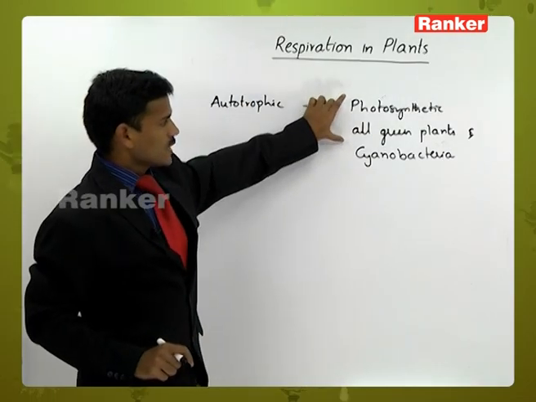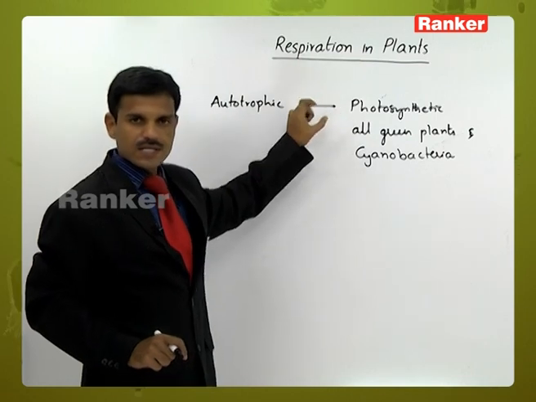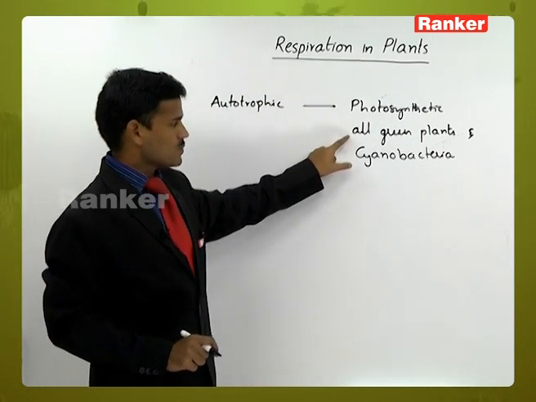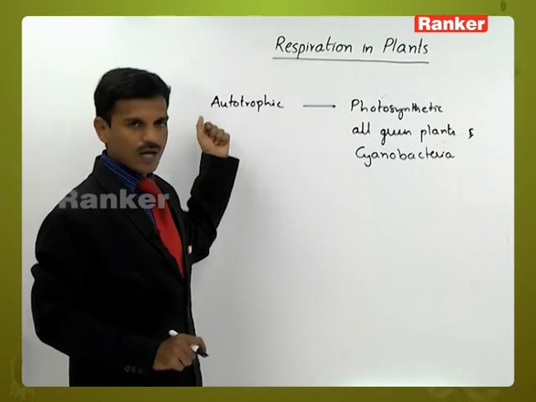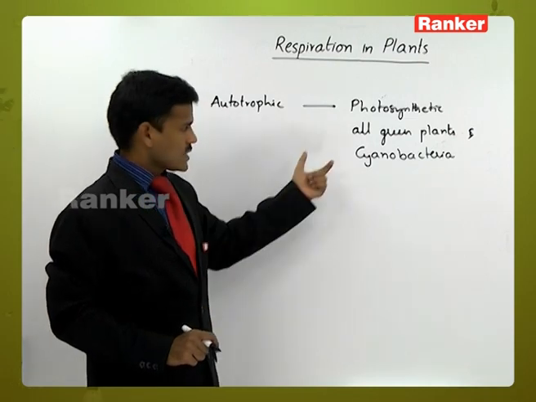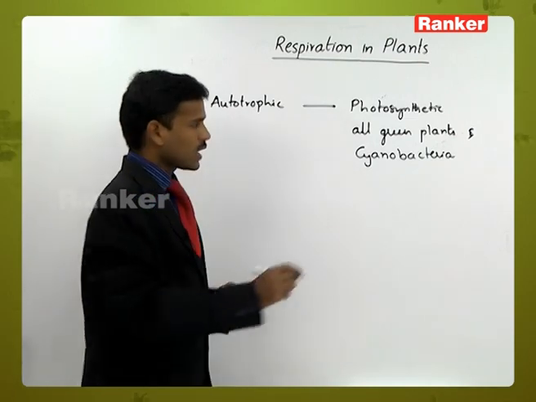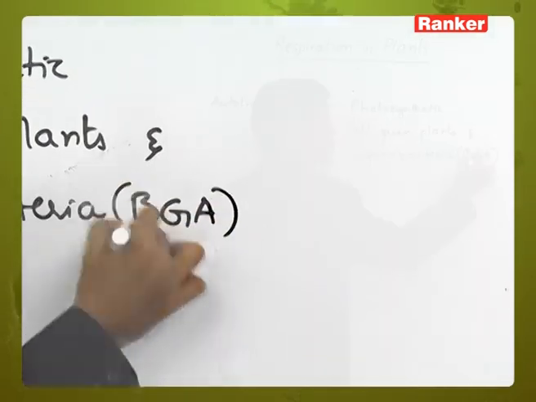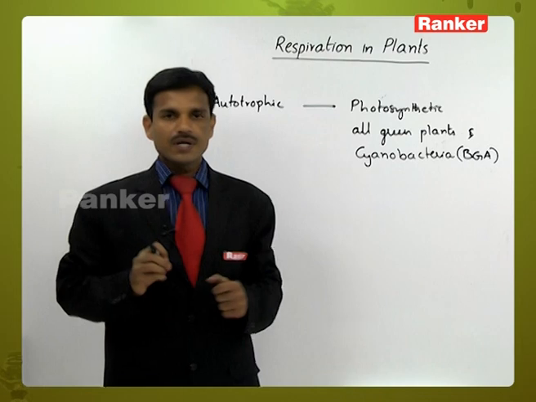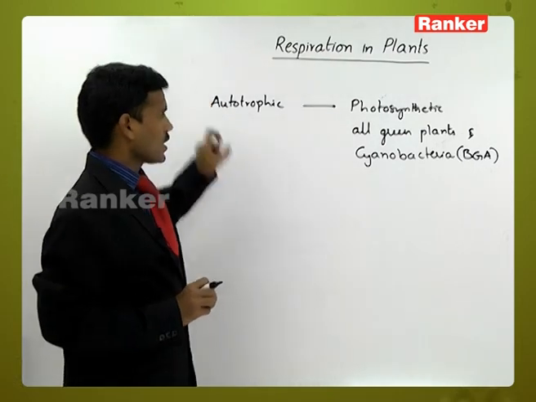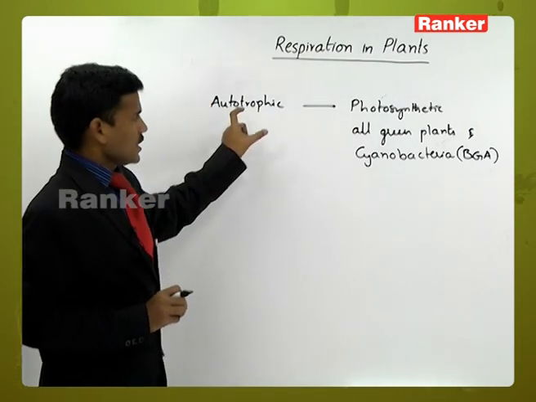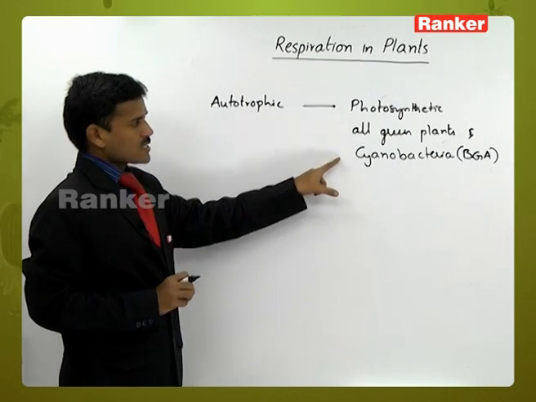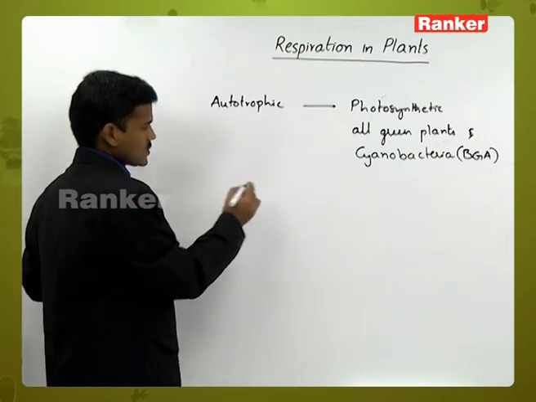Prokaryotes, photosynthetic. All green plants synthesize their own food material by the photosynthesis process. They are called autotrophic organisms, autotrophs. Cyanobacteria, blue-green algal members, are also synthesizing their own food materials. So these are called autotrophic organisms. Their own food materials are synthesized by the photosynthesis process.